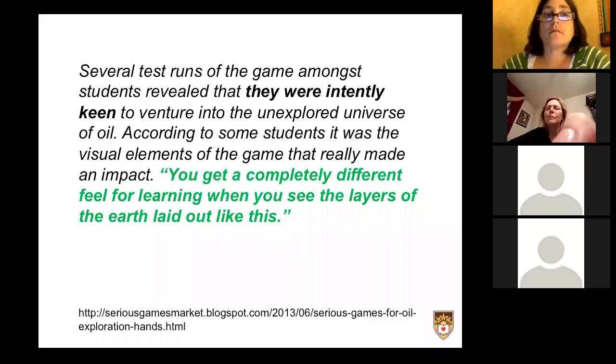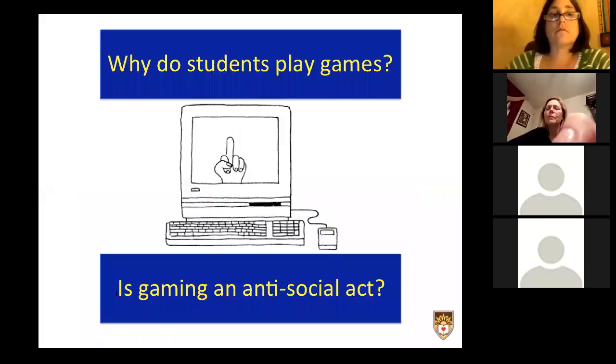They actually did a study, and they said, wow, students were really interested in exploring the universe of oil, regardless of how they did in school. It was the visual elements of the game that really made an impact. The kids said they got a really different feel for learning through the game. So it's big both for entertainment, but also for training in the real world.